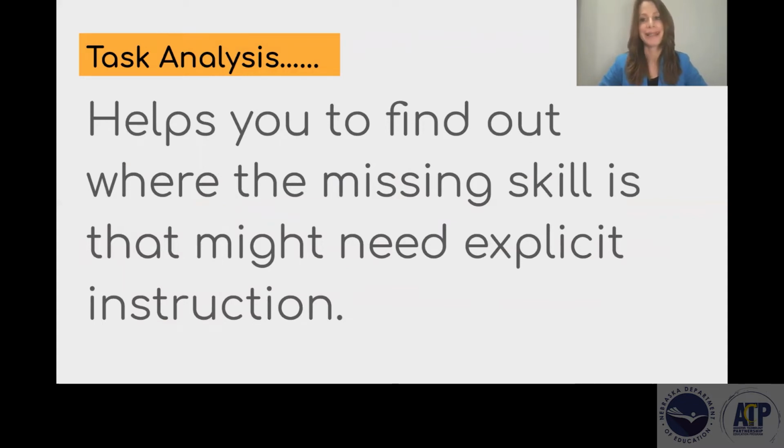I really like using this, like I said earlier, to find that missing skill that needs that explicit instruction, right? It might just be one part of the complete task they can't do. And just by learning that, they can be independent.